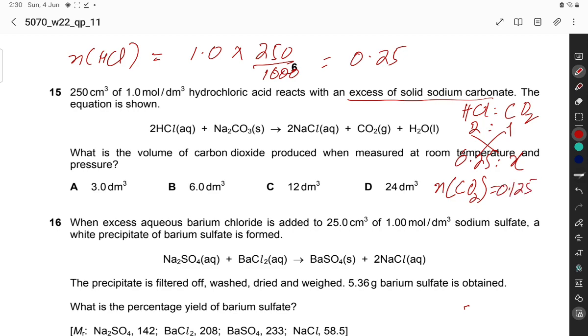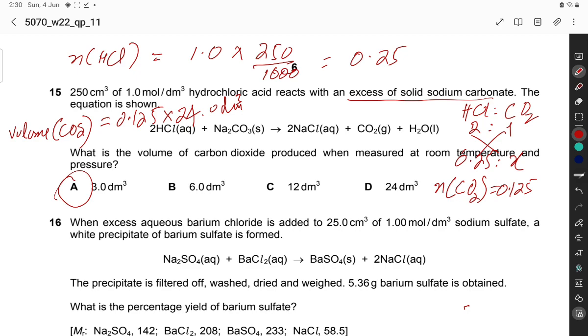This is the mole of carbon dioxide. Now the volume of carbon dioxide will be 0.125 multiplied by 24 dm cube, because at room temperature and pressure all 1 mole of gases occupy 24 decimeter cube. This is the constant value. 0.125 into 24 is equal to 3 decimeter cube. So A option is correct.